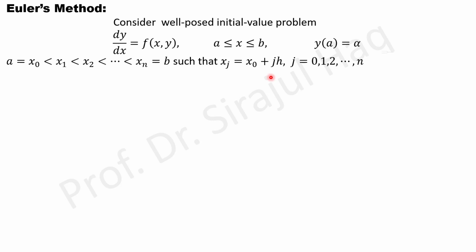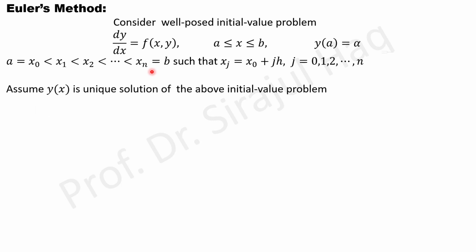And if you want to link xj with the initial point a, this is the way we are linking them. And this is common for you people. The value of j starts from 0 and reaches up to n, because we are covering the complete domain in this case.